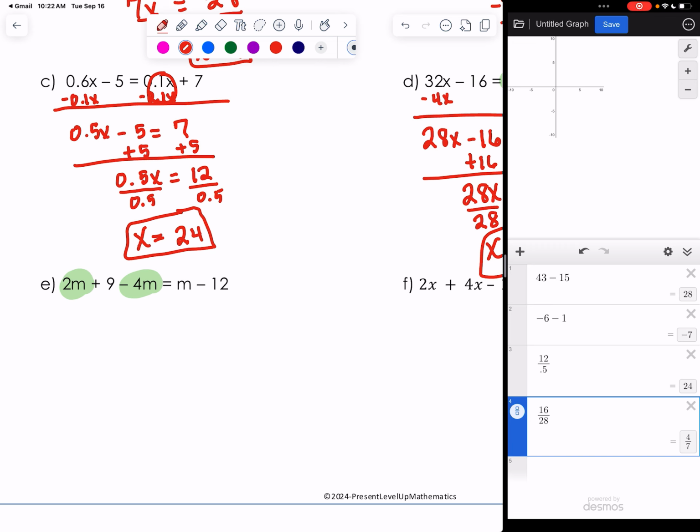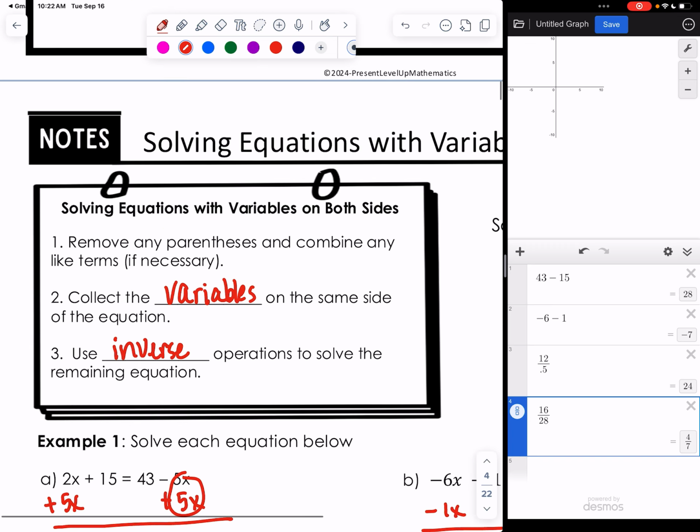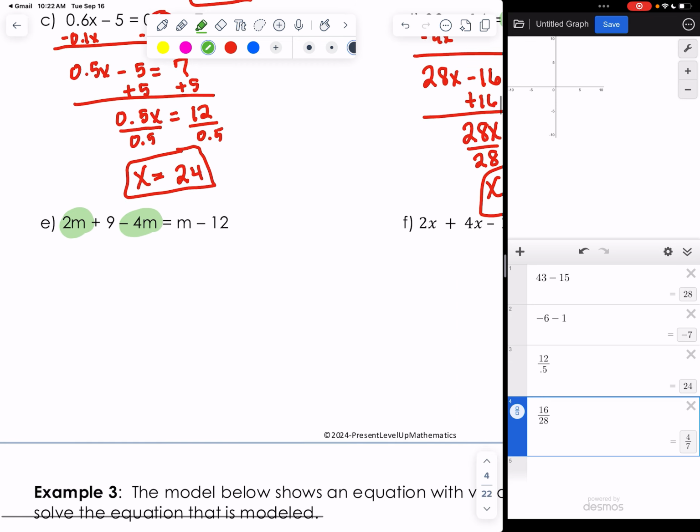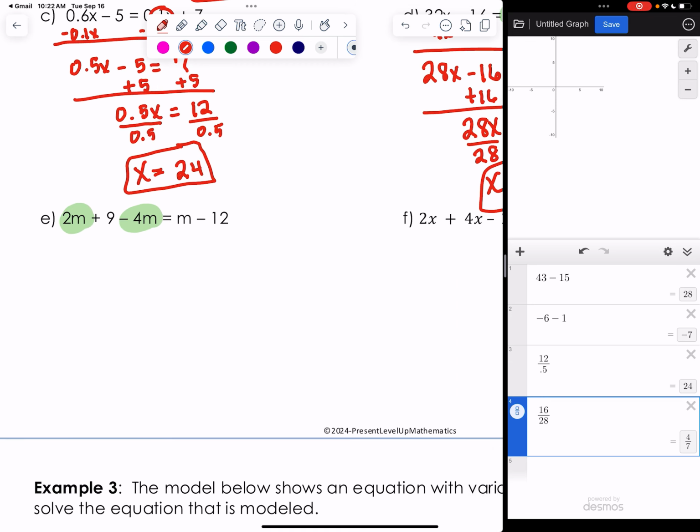So, if you go back up here to step 1, it says remove any parentheses and combine any like terms if necessary. So in this particular problem, we need to combine these like terms before we move on. So 2m minus 4m would be negative 2m plus 9 equals m minus 12.